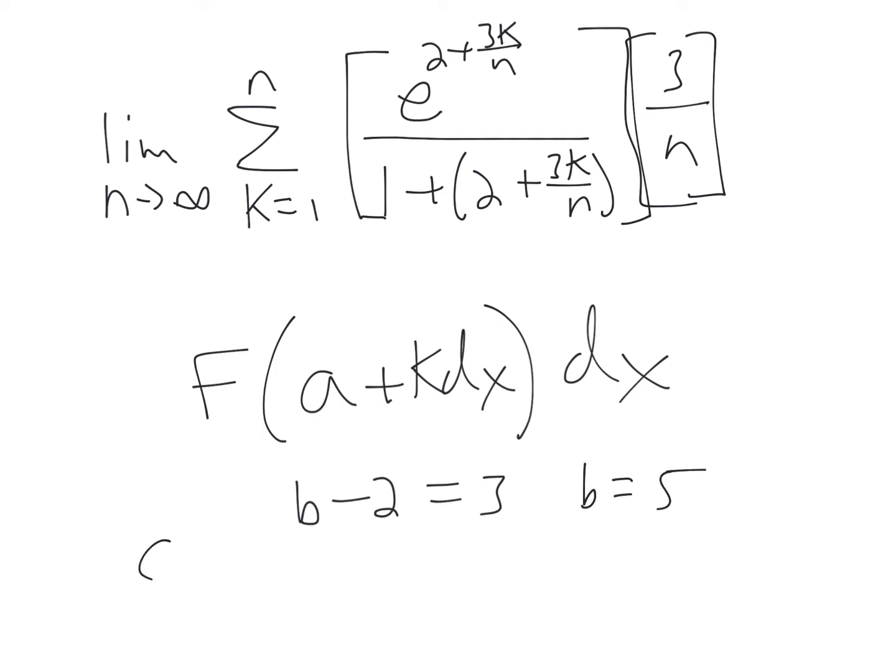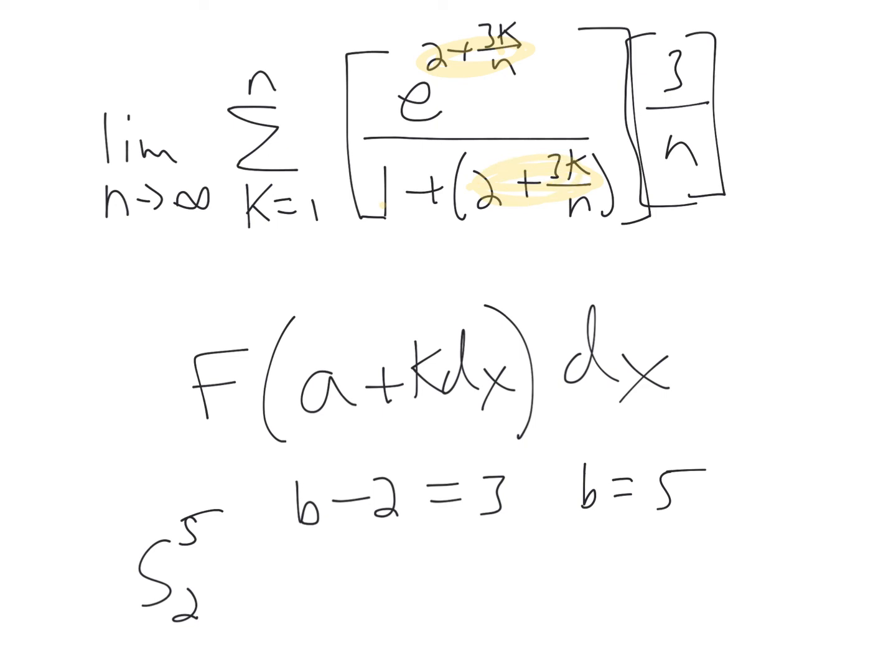So we can actually get a start on this. Sorry, 2, not 3. So 2 to 5. Now, what function are we trying to integrate? To me, it looks like, let me get some ink going, I see an e to the x and 1 plus. See how this and this are exactly the same?